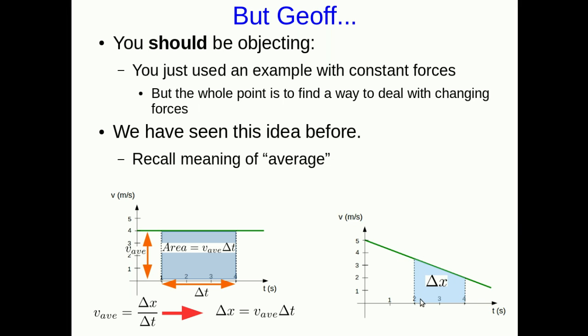And this is just related to the idea that this area can be thought of as equivalent to a rectangle where it's the average velocity that you're using instead of a bunch of different velocities at every different time. So we're now going to use that same idea, but we're going to use it with forces, which are causing changes in velocity, instead of velocities that are causing changes in position.